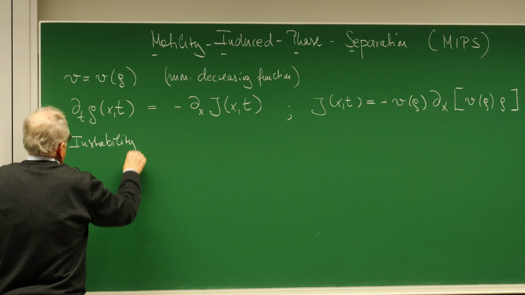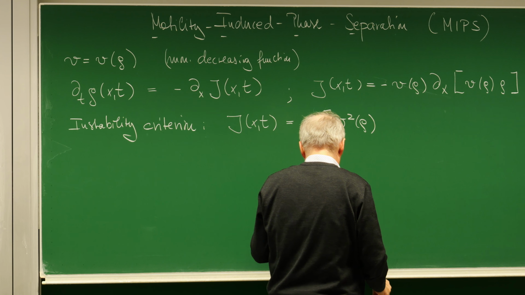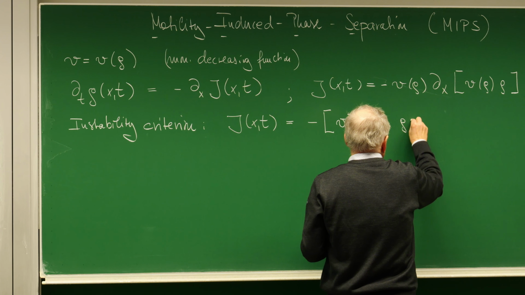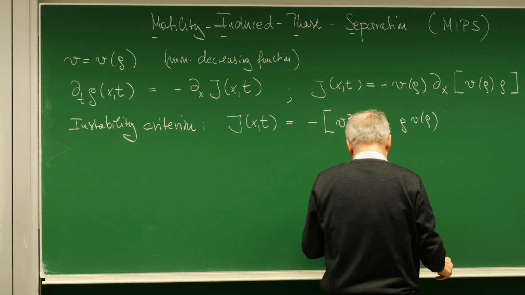Then we have here minus v squared plus rho v of rho v prime of rho times the gradient of rho. Okay, when you look at that, it's a current. The current is proportional to the gradient of rho.